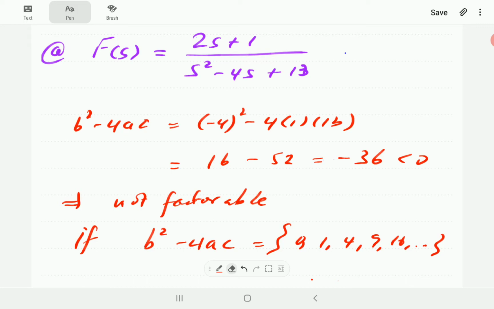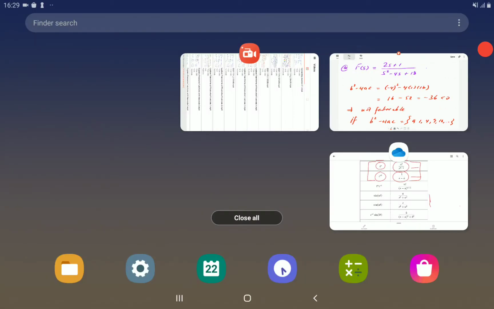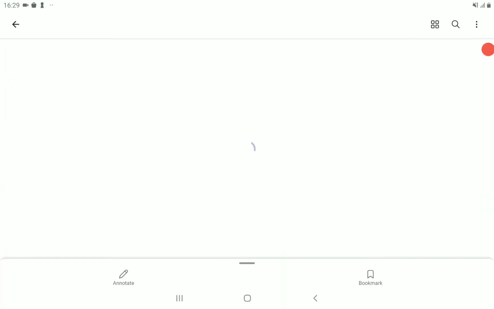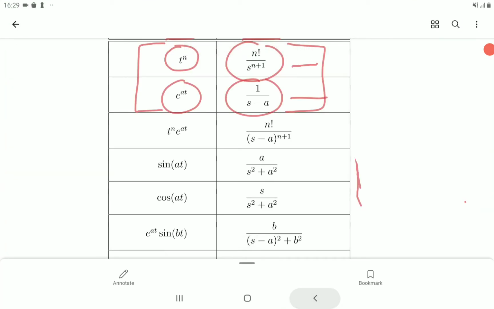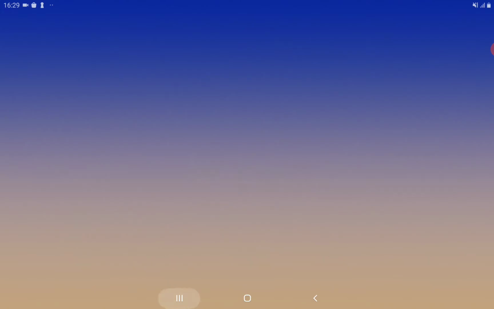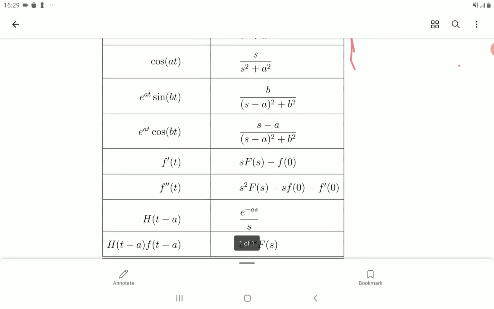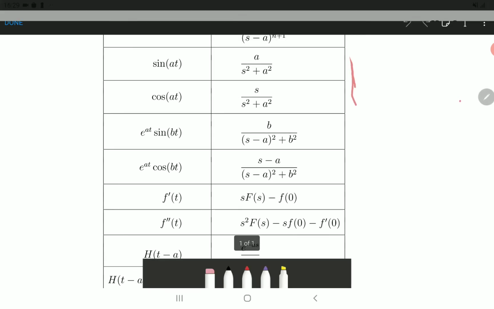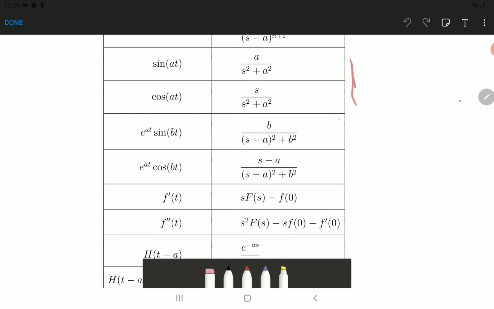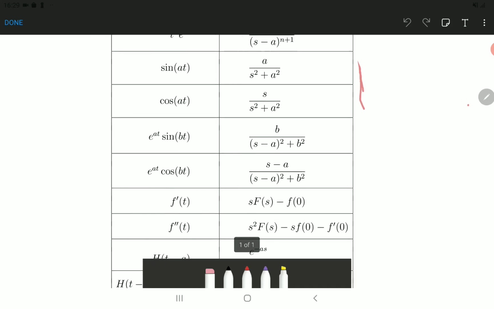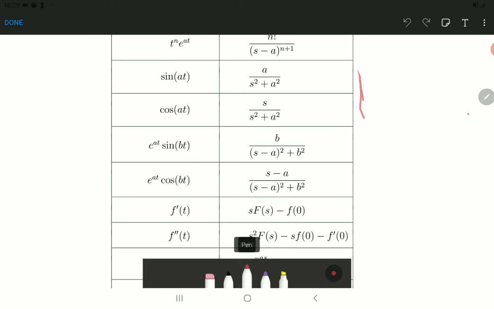However, that doesn't mean that we cannot find the Laplace transform. If we look at the Laplace transform table again, for this one what we want to do is express it like these two expressions right at the bottom here.